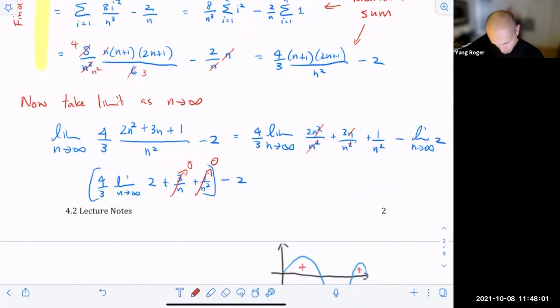So this is equal to 8/3 minus 2, which is equal to 8/3 minus 6/3, which is equal to 2/3 units squared. That's our correct answer.